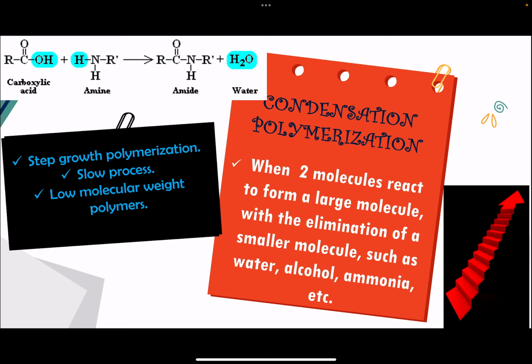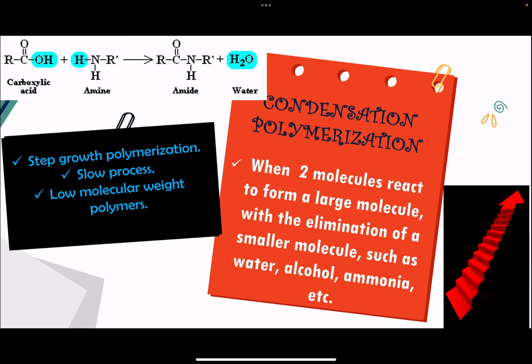Moving on to condensation polymerization. When two molecules react to form a large molecule with the elimination of a smaller molecule such as water, alcohol, ammonia, that is, we have a byproduct there, it is known as condensation polymerization. And here in the example, you can see carboxylic acid reacts with amine to give you an amide and water as a byproduct.